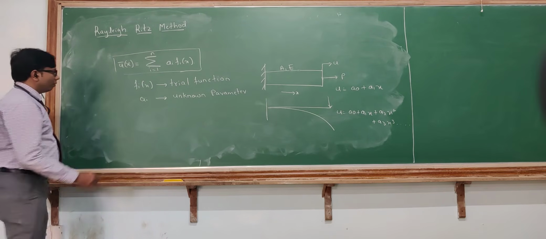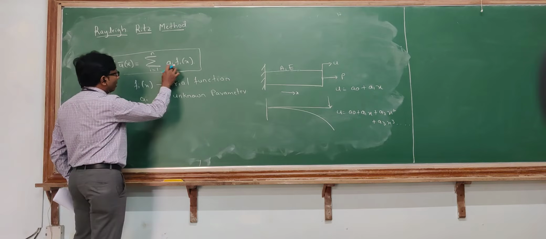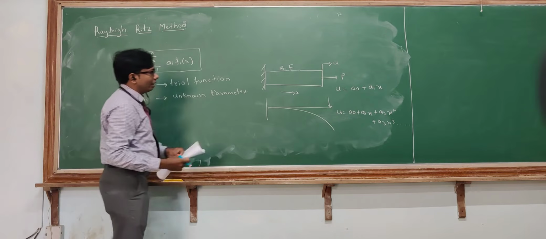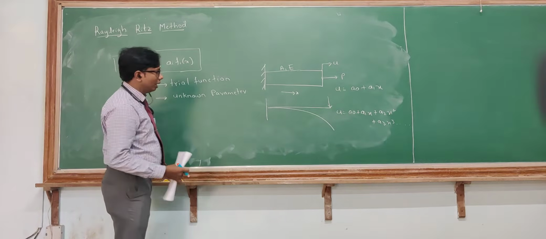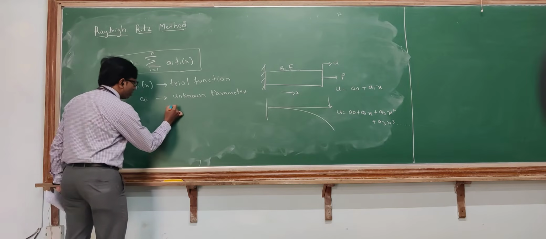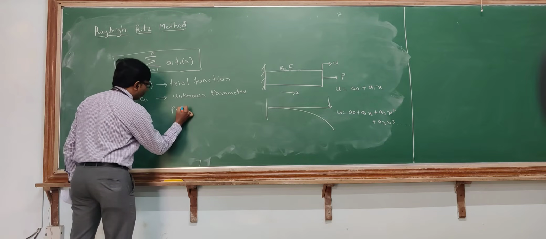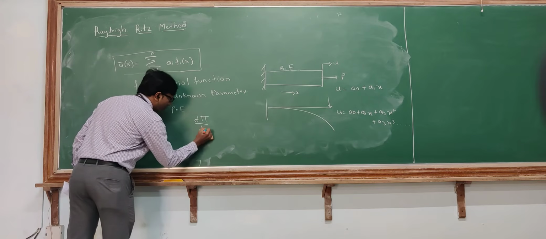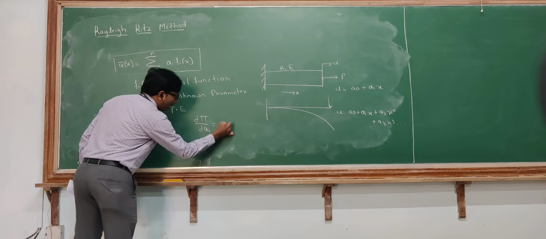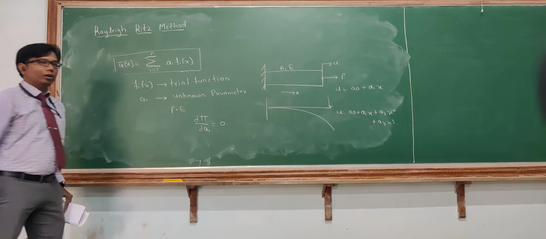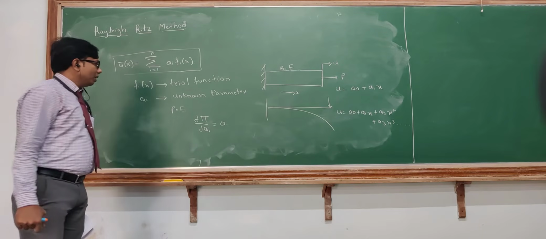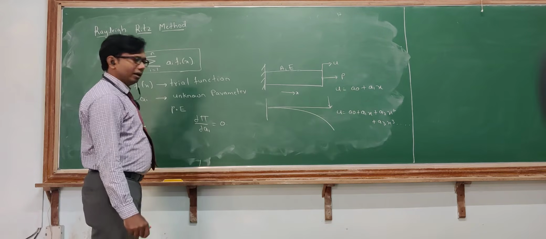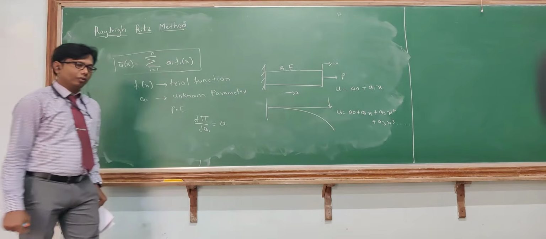Later, whatever equation we get, we will get in the form of ai: a naught, a1, a2, a3. I will be using the principle of minimum potential energy to minimize the problem and equating it to 0. How we have done it in the spring problem, the same thing we will be applying to get the solution of the problem.